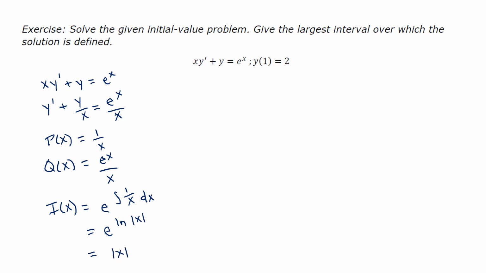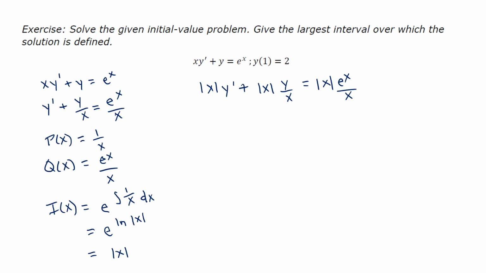So now that we know our integrating factor, we're going to multiply each term in our DE by our integrating factor. So we have the absolute value of x times y prime plus the absolute value of x times y over x equals the absolute value of x times e to the power x over x.